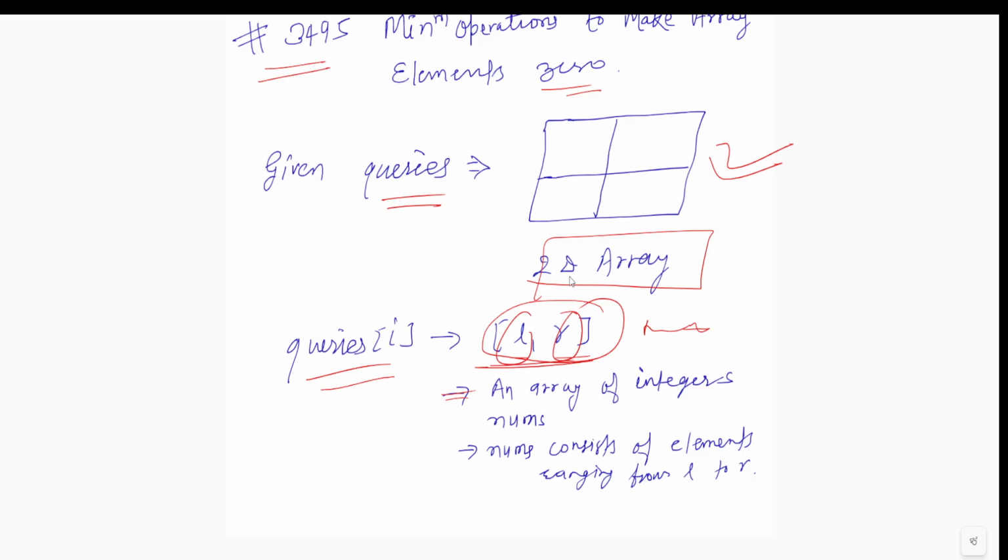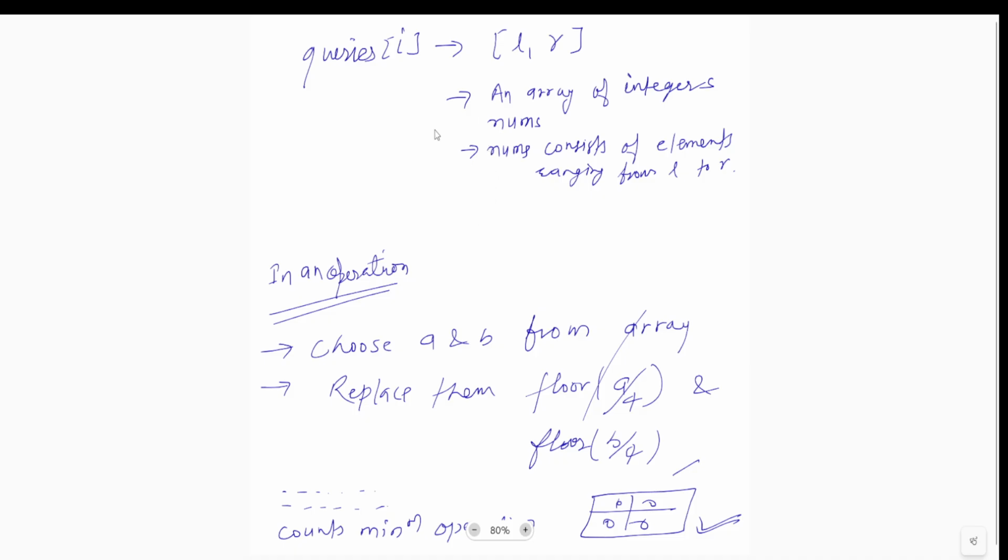So this is what we have been given. The queries contain left and right, which means the array elements start from L and go to R, so nums consists of elements ranging from L to R.